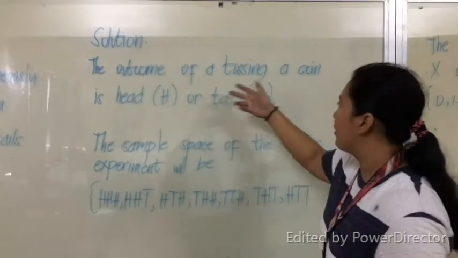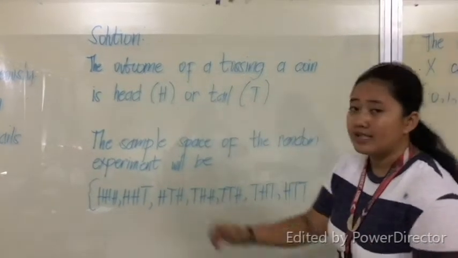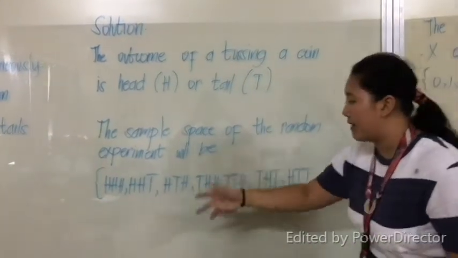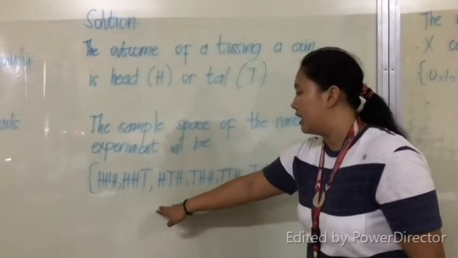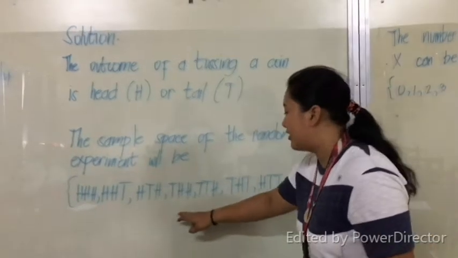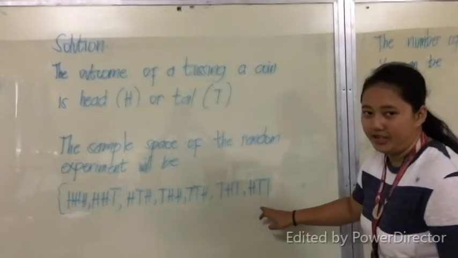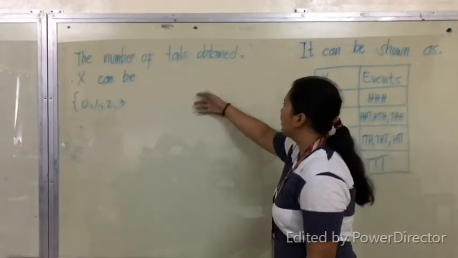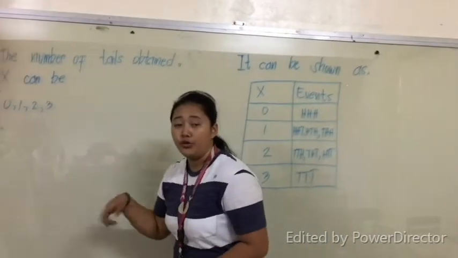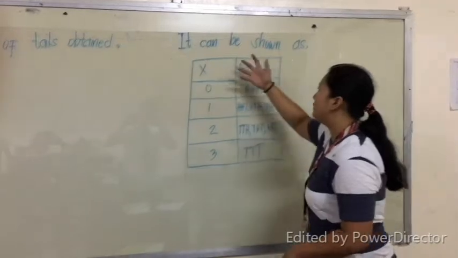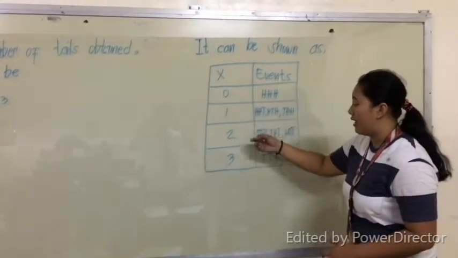The outcome of tossing a coin is head or H, or tail or T. The sample space of the random experiment will be HHH, HHT, HTH, THH, TTH, THT, and HTT. The number of tails obtained, x, can be 0, 1, 2, and 3.